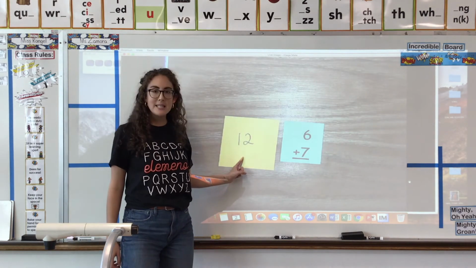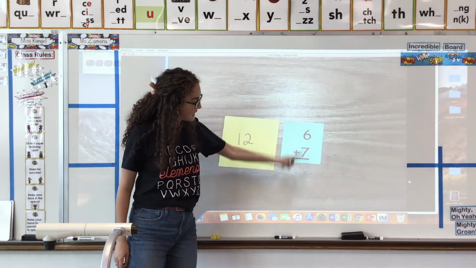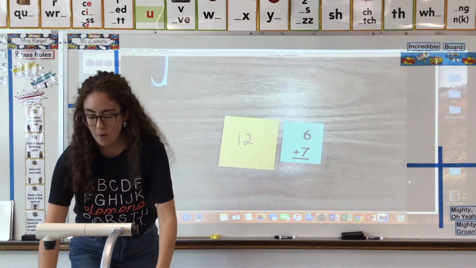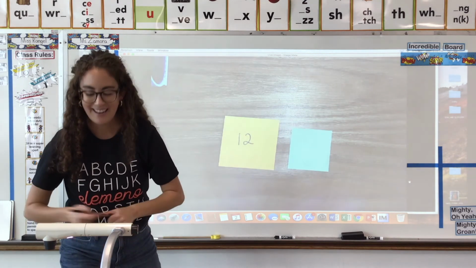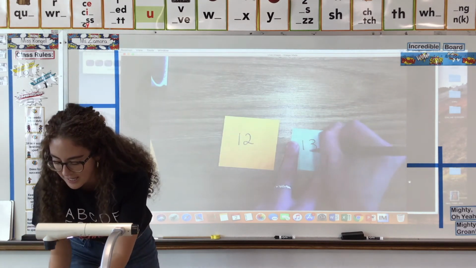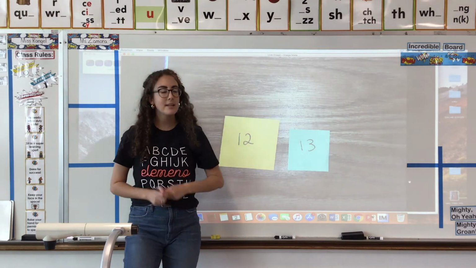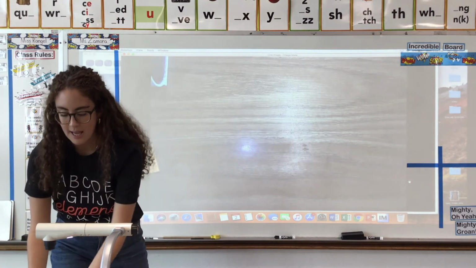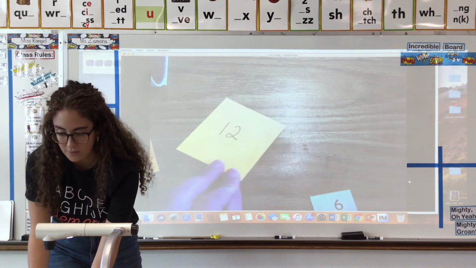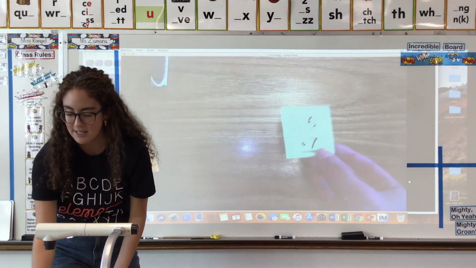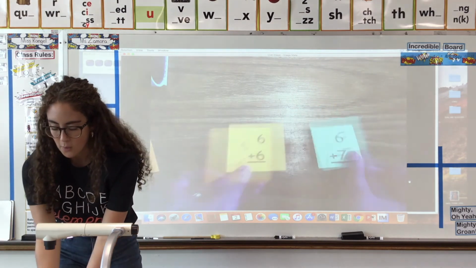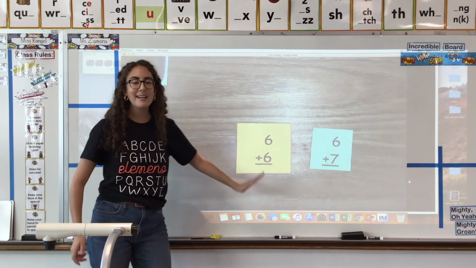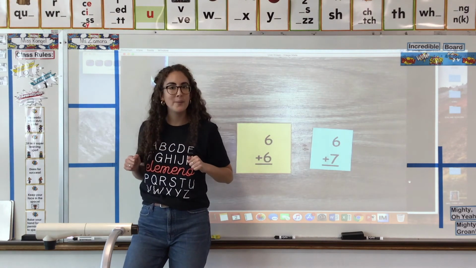So if 6 plus 6 equals 12, 6 plus 7 equals just one more, and that is 13. 6 plus 7 equals 13. We know 6 plus 6 equals 12, so 6 plus 7 equals 13. We're solving our neighbor facts by using our doubles facts and adding 1.